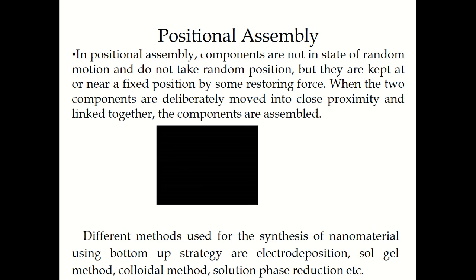These small parts are further assembled together to form a bigger part. These bigger parts are further assembled together to form a still bigger part until we get the nanostructured devices. Okay, so in this positional assembly, we have to use the restoring forces, that is robotic arms.